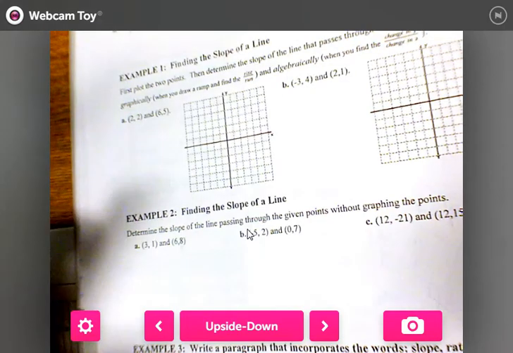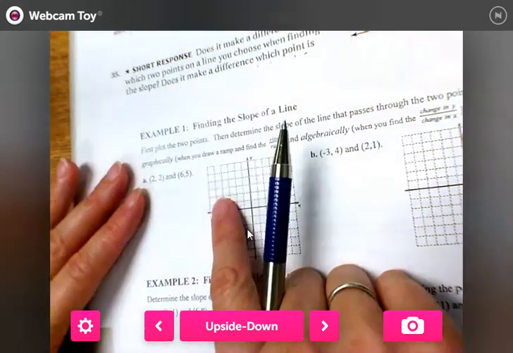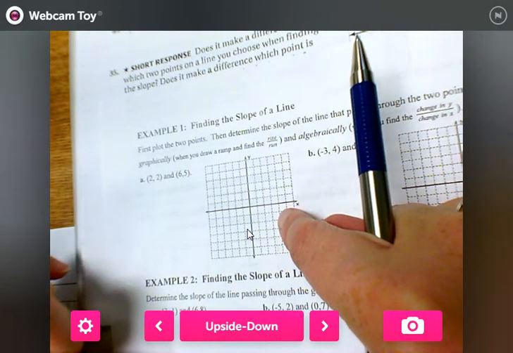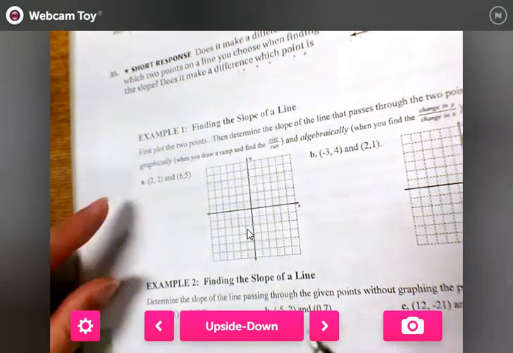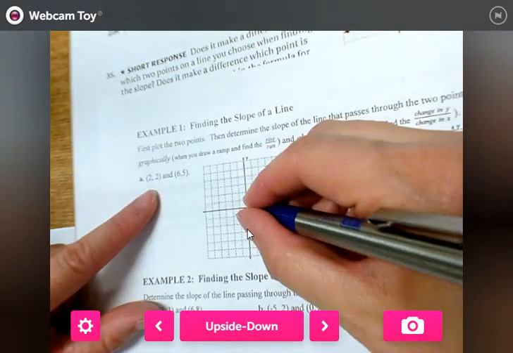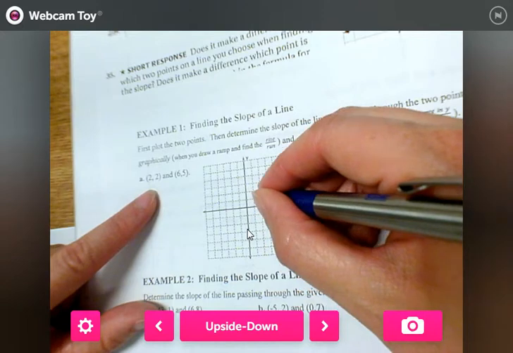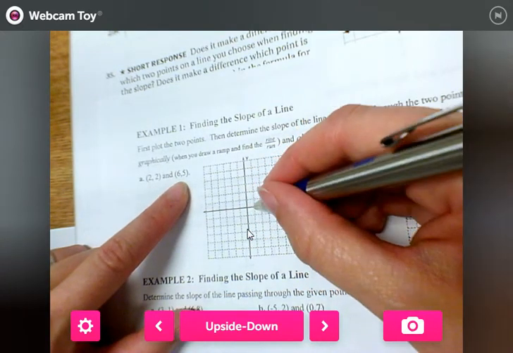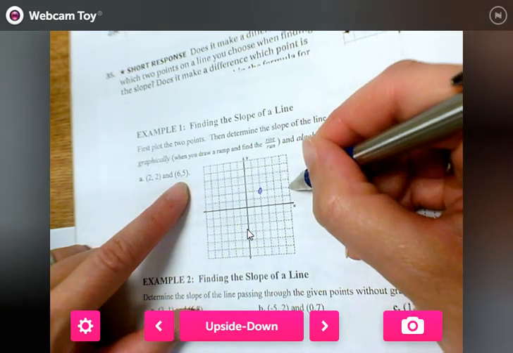Okay, a lot of these we've done before, so I'm just going to do one of each, and then we're going to move on. Okay, first plot the 2 points, then determine the slope. So I'm going to plot 2. I go 2 to the right, up 2. Then I'm going to go 6 to the right, up 5.